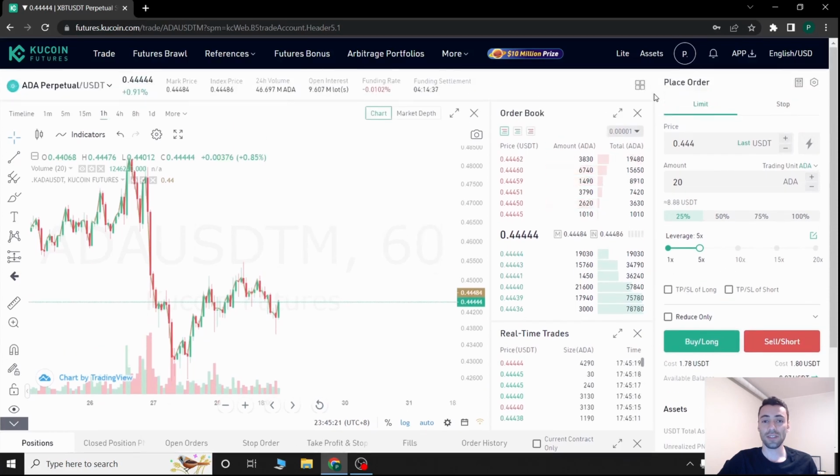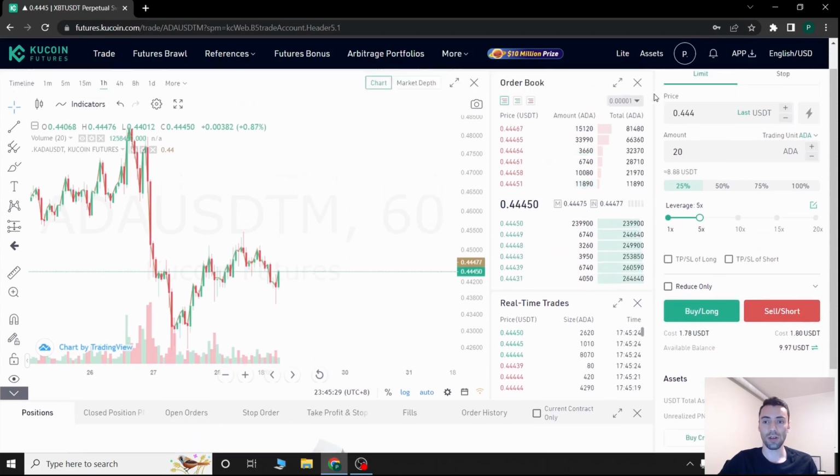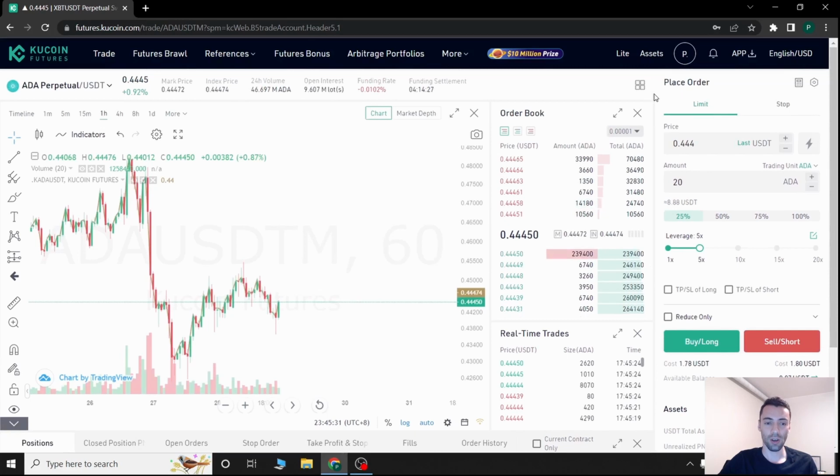It's almost the same, it has some differences, but I'm going to continue on KuCoin, and I hope that will be okay for you, because it also has the same platform, the same types of orders, and the buttons are kind of the same.